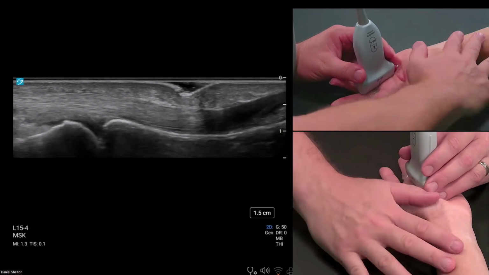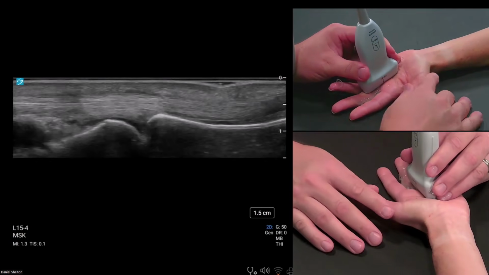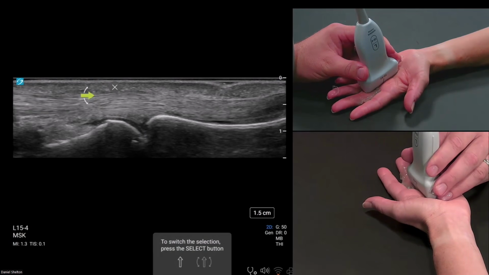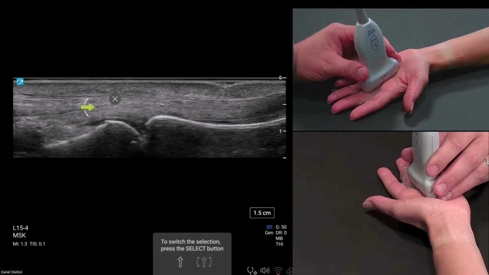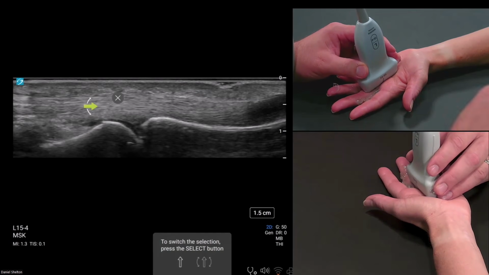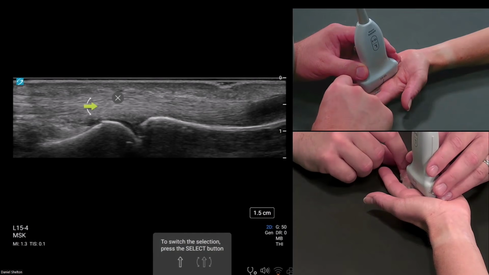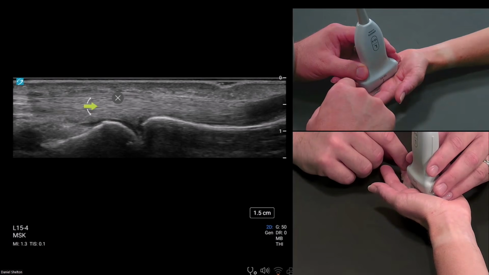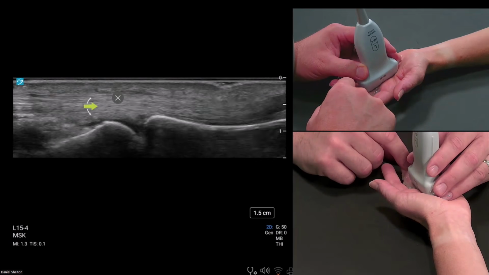On the long axis of the tendons, we've got a superficial and a deep or profundus layer. And on some transducers, it may be a little less obvious. So what you can do is just isolate the DIP and cause profundus to move while superficial stays stationary.